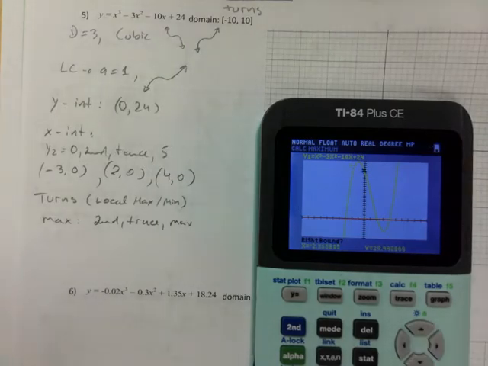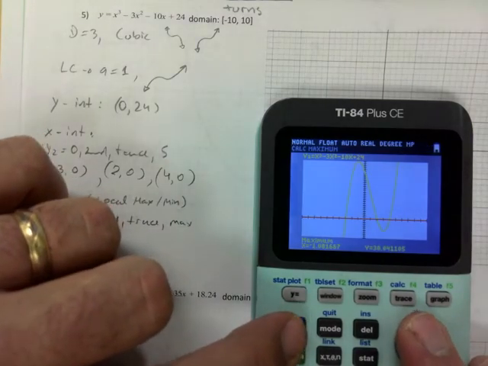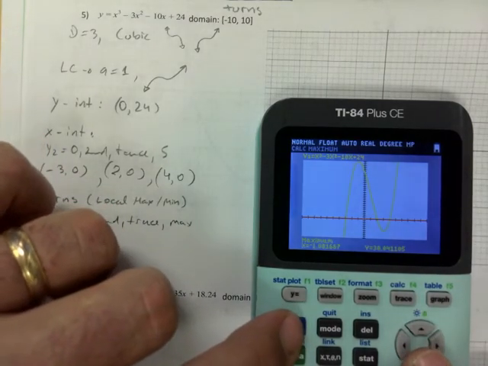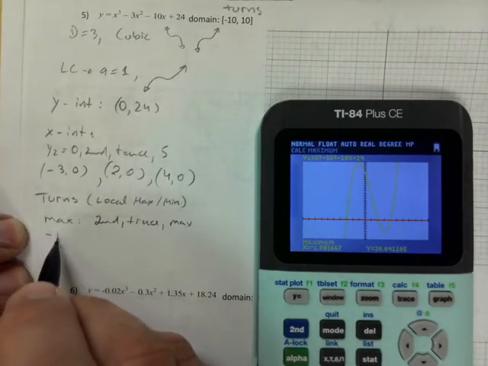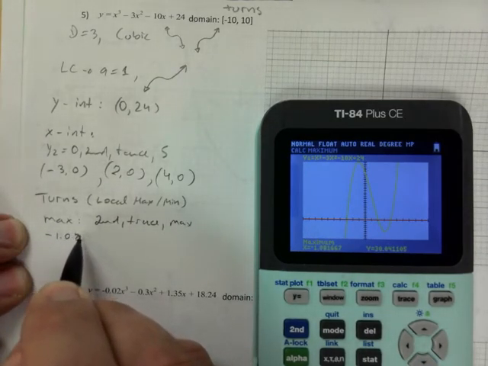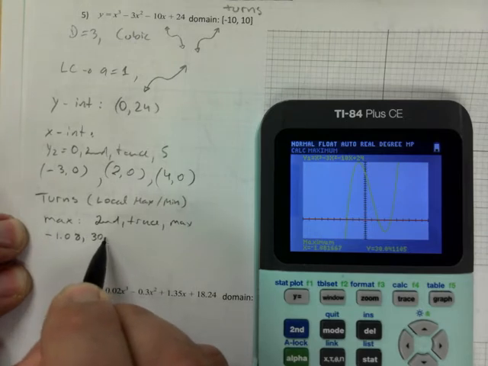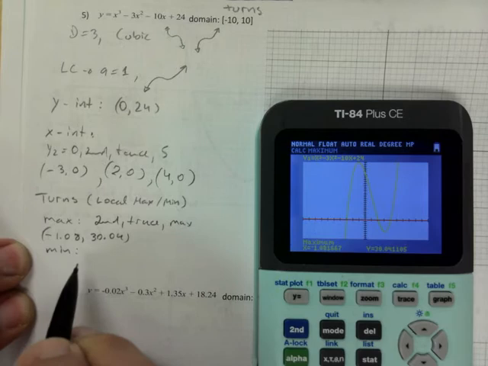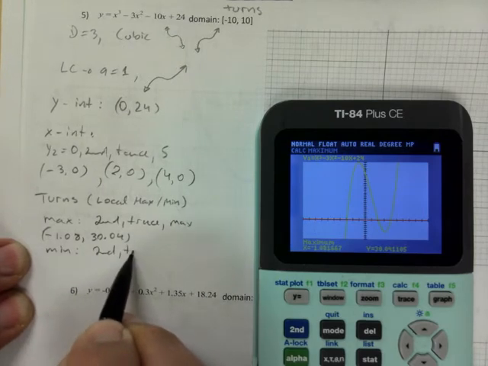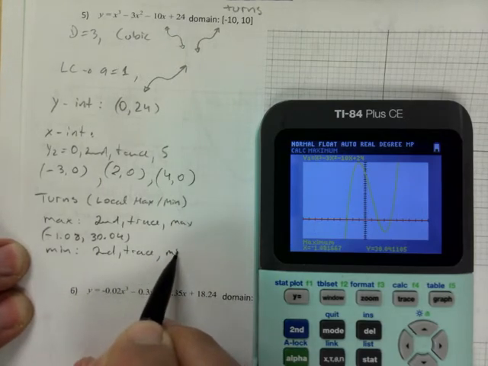Go to the right, enter, and then enter again. There. And so it's negative 1.08, 30.04.